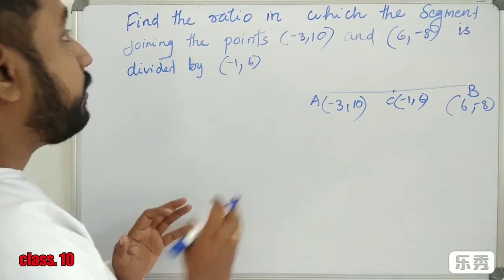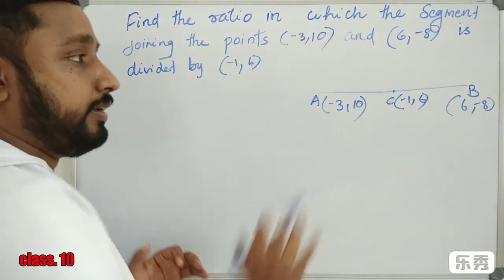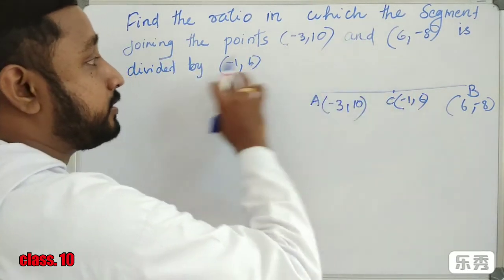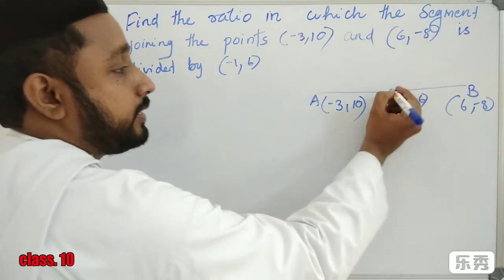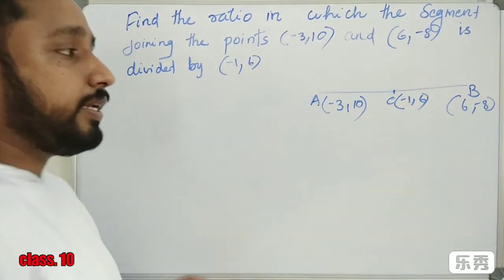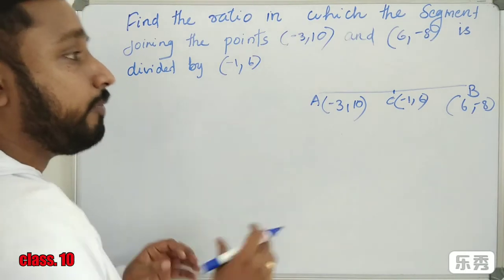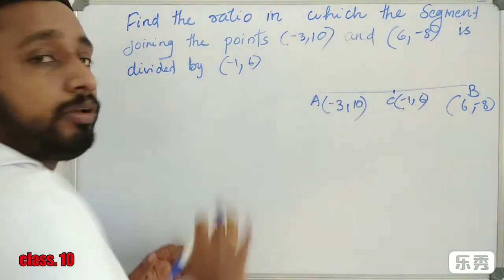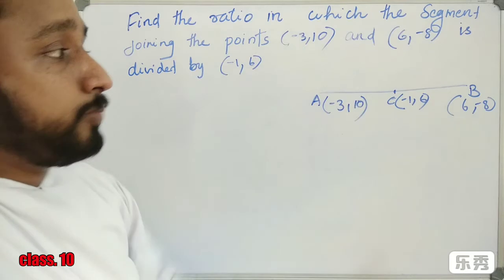We have to find the ratio in which this is divided by (minus 1, 6). There is a division at the point C (minus 1, 6). We have to find out in which ratio we are dividing this line.